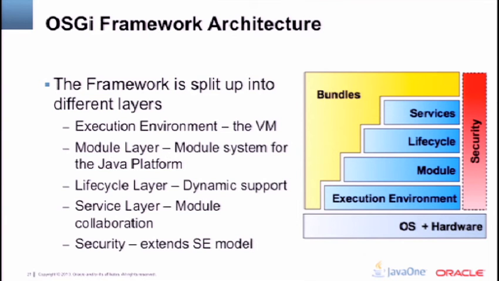And then a module system, so a way to modularize your code, have code declare the other things that it's dependent on, be able to hide the implementation of modules so that you only expose the pieces that you want to be public, that you're contracting not to change. Then you have a lifecycle model, so how do you install, uninstall, stop, start, etc. And then finally a services model that allows the dynamic discovery of services on the device.